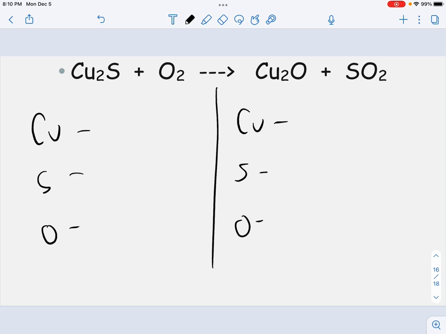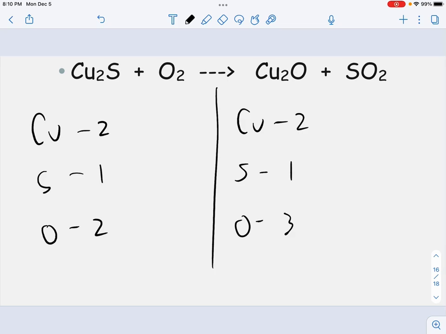So we have 2 coppers, 1 sulfur, 2 oxygen on the left. We have 2 coppers, we have 1 sulfur, and we have 3 oxygens, okay? So everything balances except oxygen, okay?